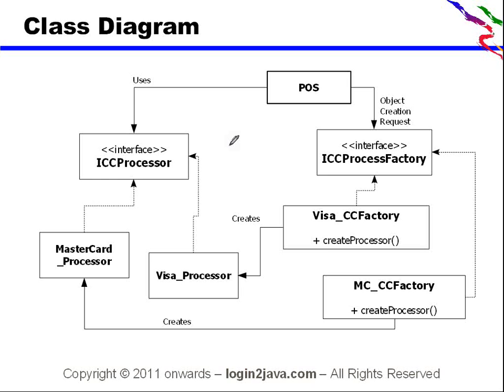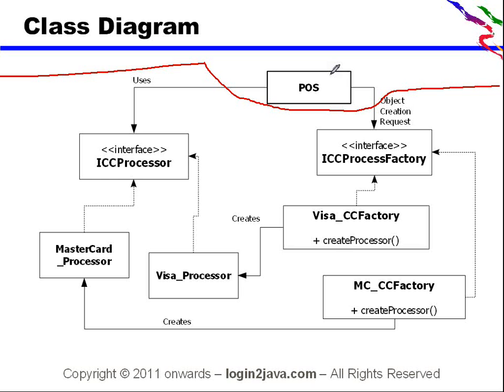Just have a look at it. Below this red line is basically the component, which is using factory method for processing the credit card. So this particular component can be firmwared into the POS terminal.